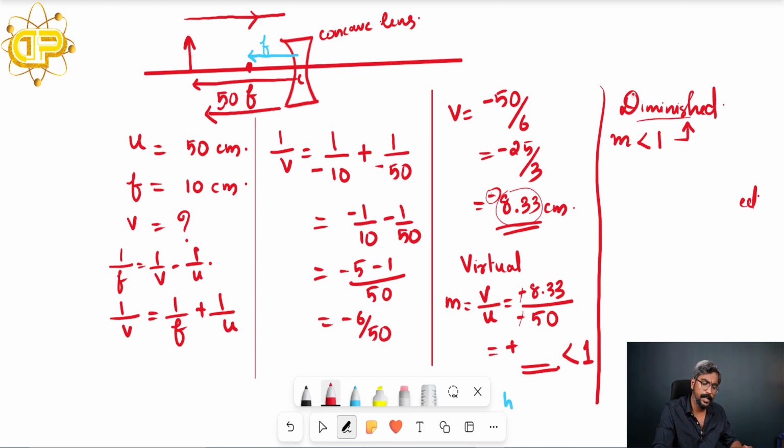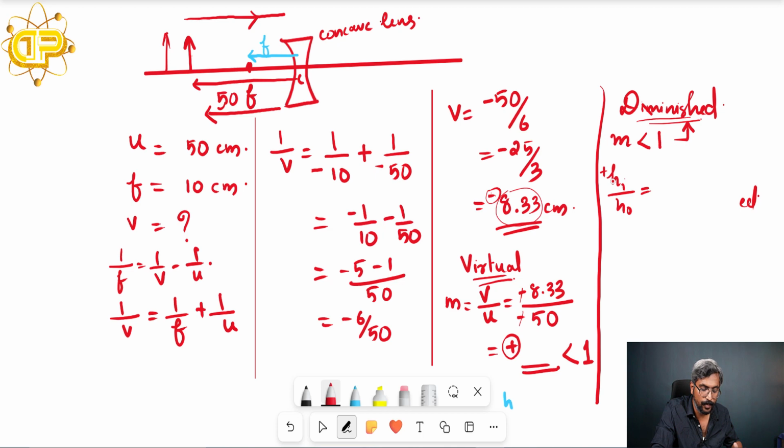So here you are getting a diminished image, a virtual image, and also the positive value of this M. What inference? It is upright. Why? This M can also be calculated as HI by HO, and that value is what?